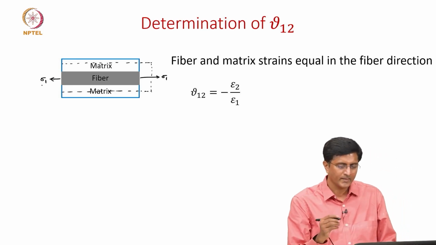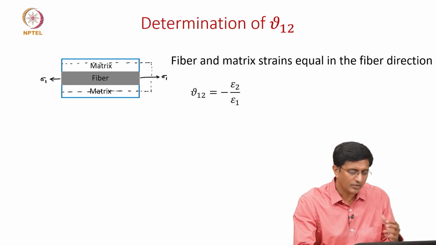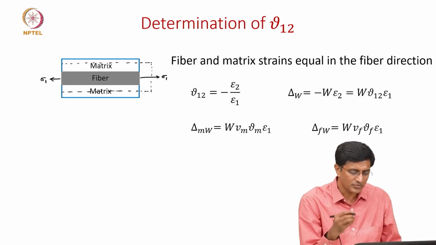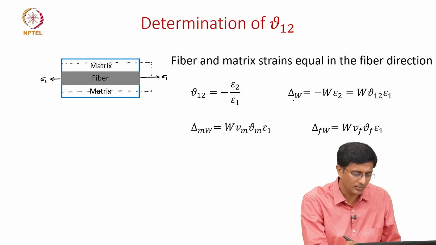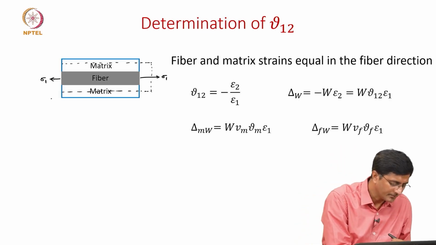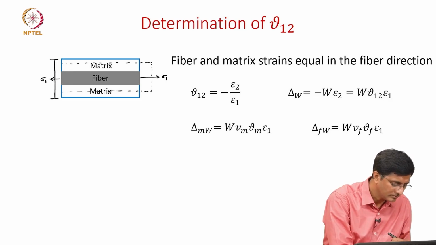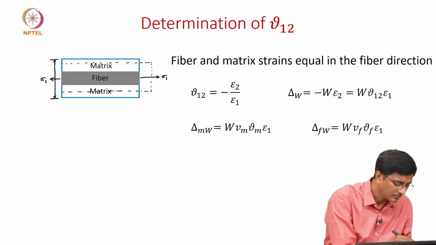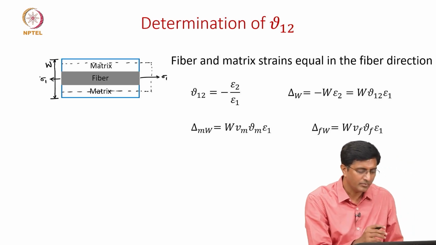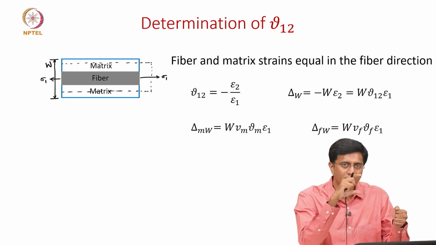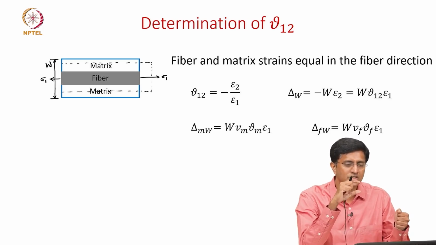Okay. So now let's see how we can derive this Poisson ratio nu12. First we look at this delta W, meaning that we say the total width is W. And because you are applying the load in direction 1 and there is a Poisson effect, the transverse dimensions reduce.